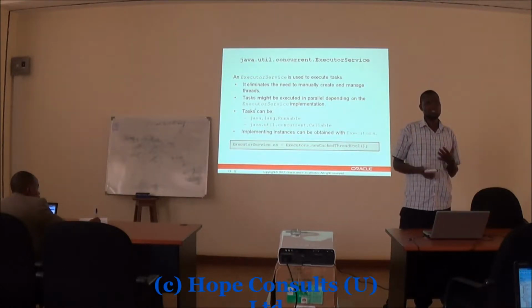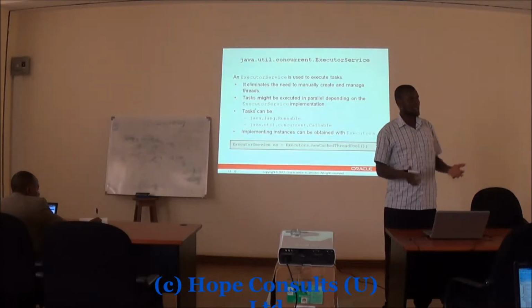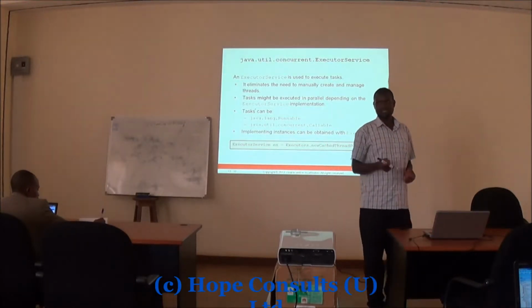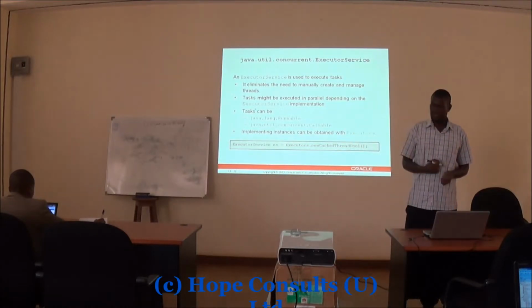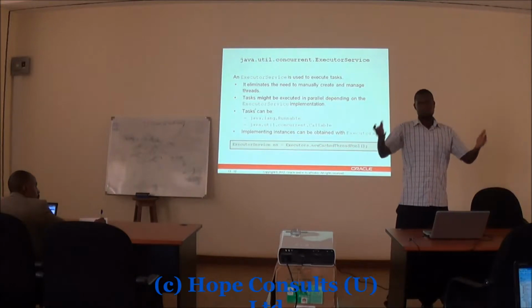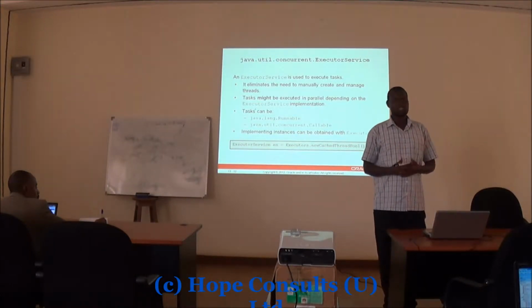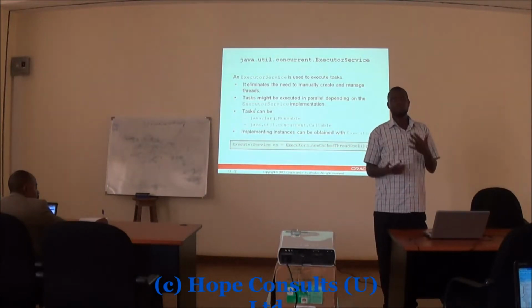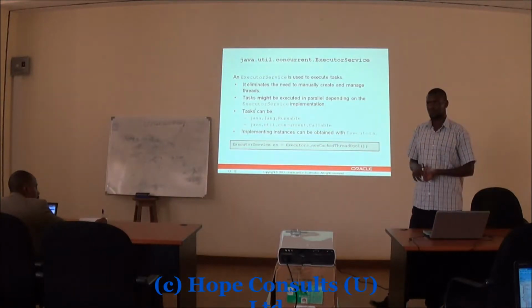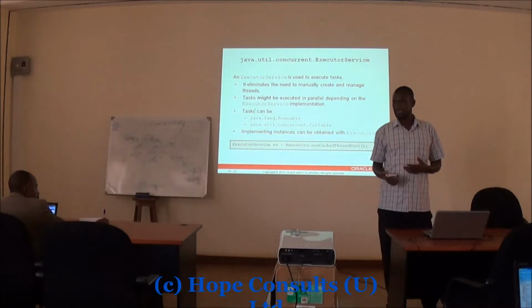Like the one we were saying, we have to instantiate an object of a class, then we start the thread manually by calling start. In this case, we don't have to do that. We can just create a pool at once of threads, which keep waiting for tasks. Once they finish, they return back to the pool to wait for other tasks.